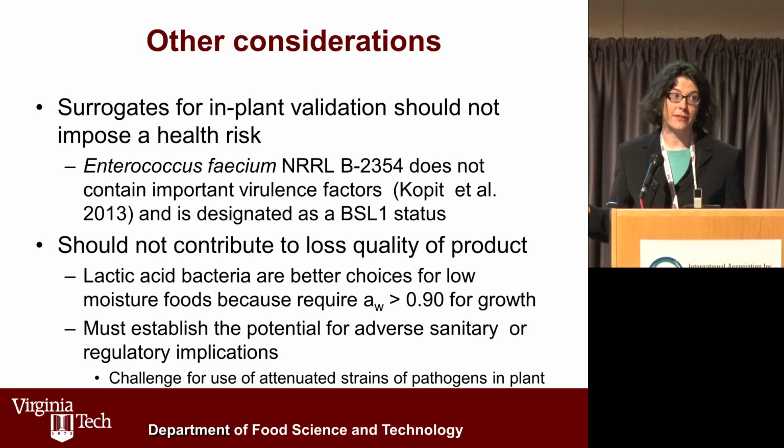There had been a lot of interest in trying to use attenuated strains for in-plant use because physiologically the organisms are going to be the same. But isn't one Salmonella the same as another Salmonella in the regulatory world? I'll leave Dr. Zink to address that with you. But that's just a point of consideration.